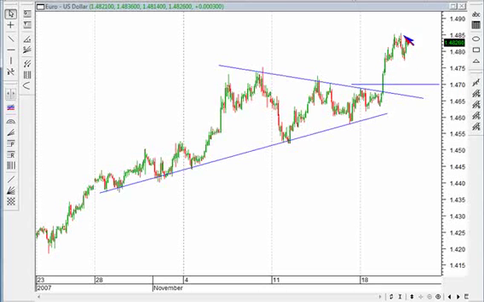Now, an interesting note here is that we are getting another consolidation period, and you can't quite tell where these levels are going to go, but it's possible that we could get another pennant here.